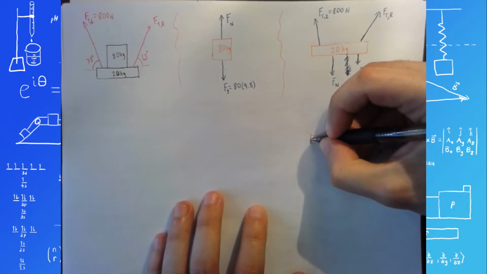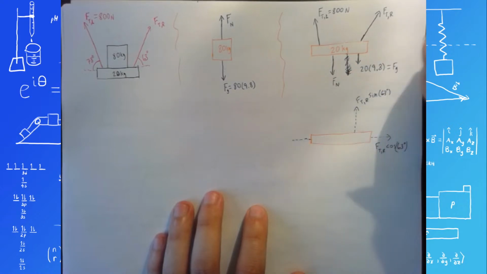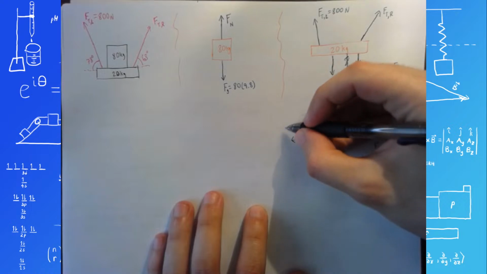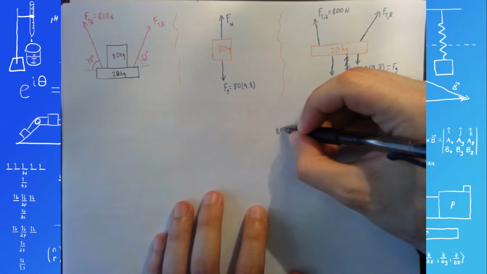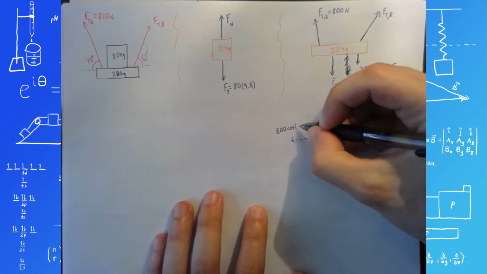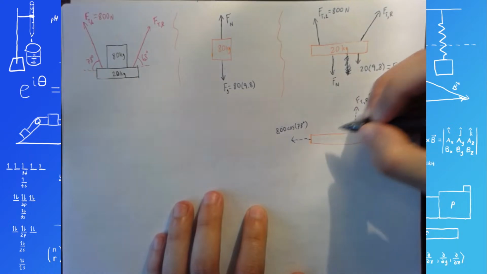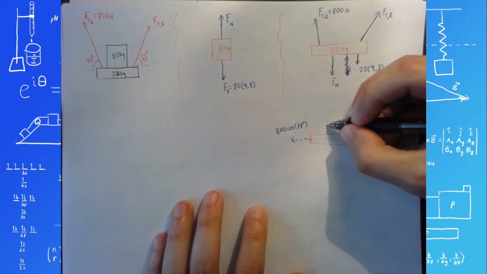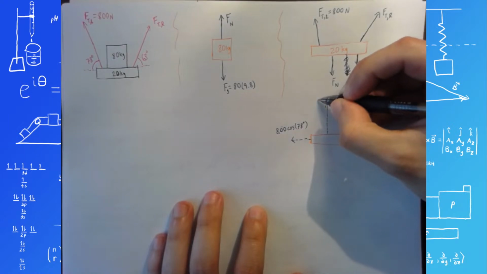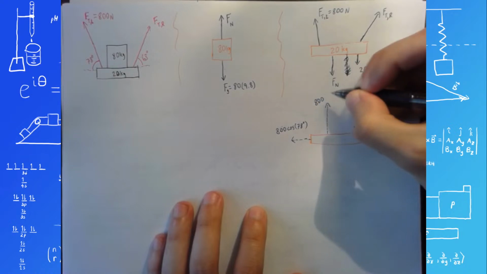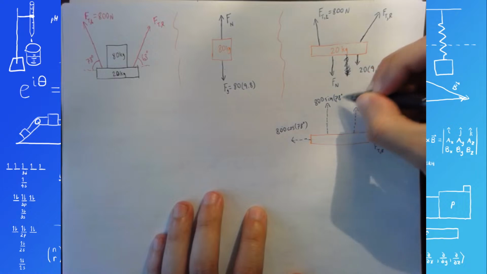So we're going to have force of tension left times cosine of 78, so that's 800 cosine of 78 degrees. And then for the vertical component, we're going to have 800 times sine of 78 degrees.